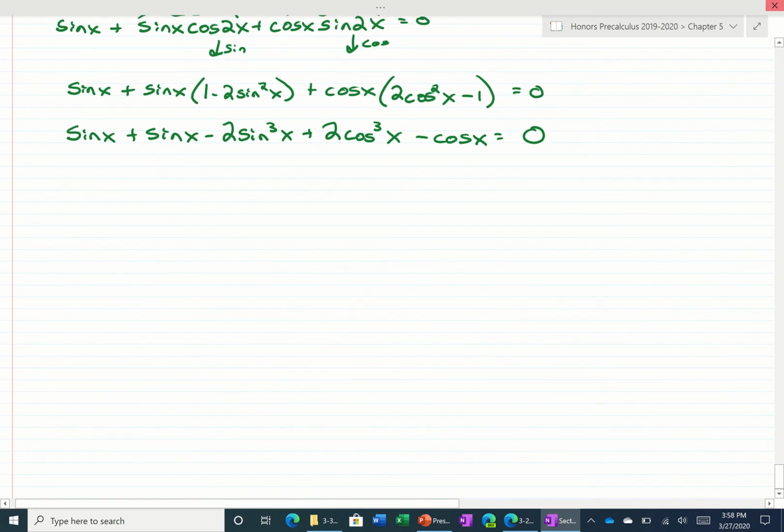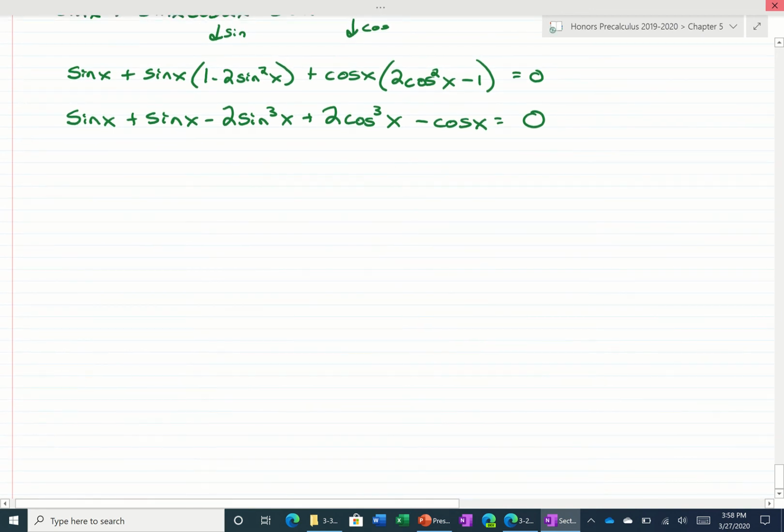All right. So what could we do here? Well, this would definitely be 2 sine of x minus cosine of x. Then we have minus 2 sine cubed of x plus 2 cosine cubed of x is equal to 0. All right.